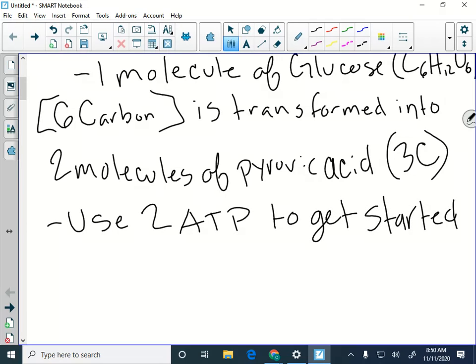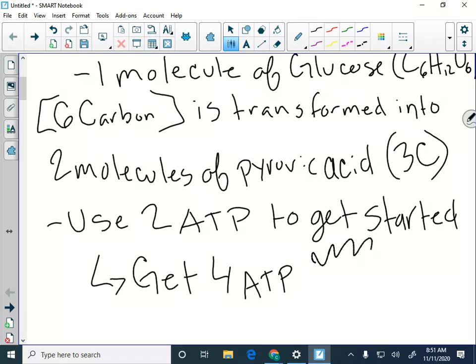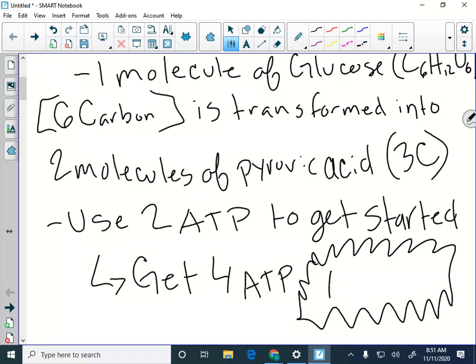Glucose is stable, that's why we like to store energy in glucose. So it takes energy to break it. But during this process, whenever we are transforming glucose, we also get 4 ATP. Which means we have a net positive of 2 ATP.